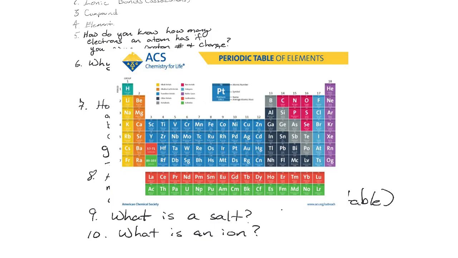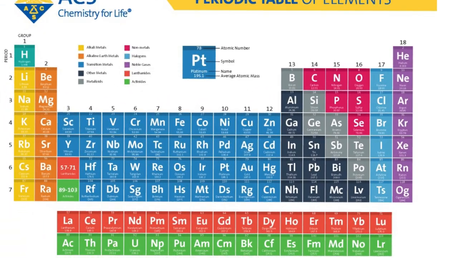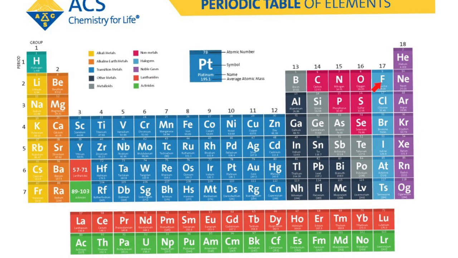What I mean is, if any element from this column here or this column here bonds with this column or this column, so these two columns or these two columns, they're going to form a salt, an ionic compound. An ionic compound is also known as a what? Salt. So you might want to add that to your card.